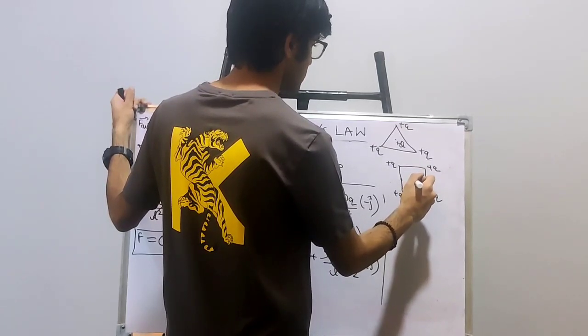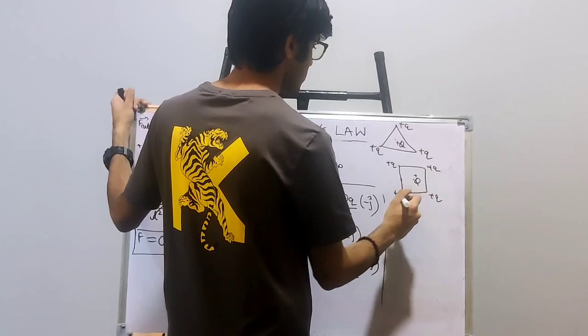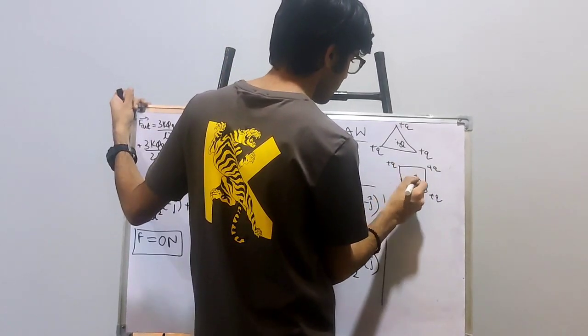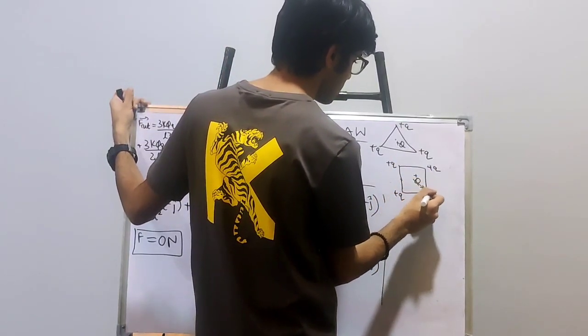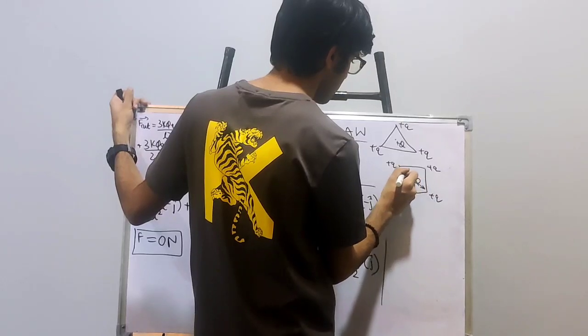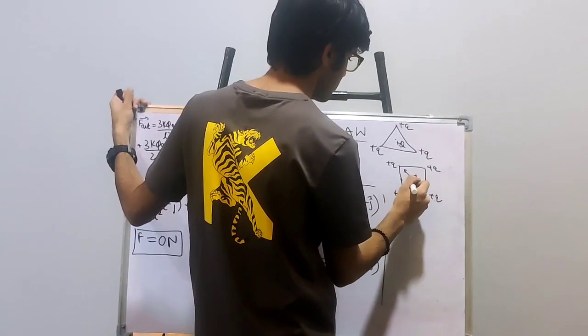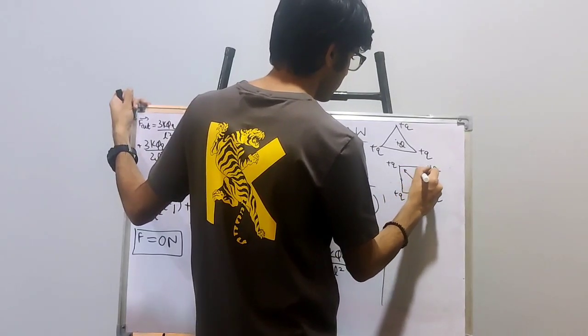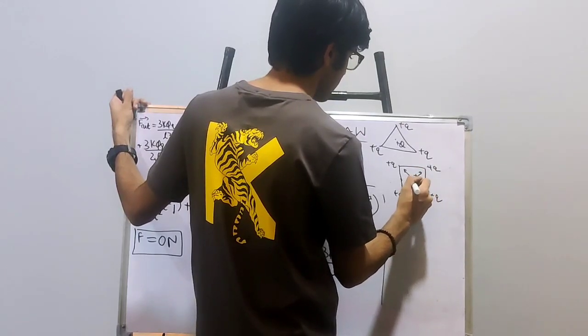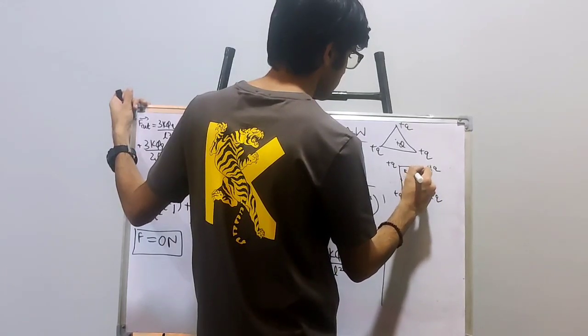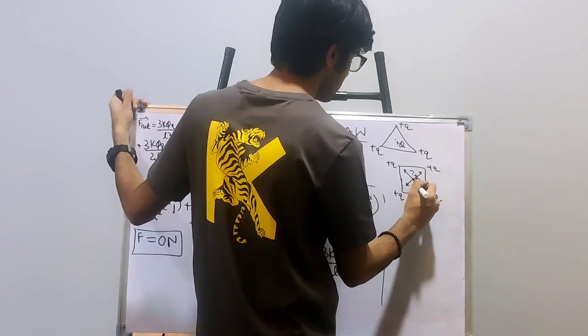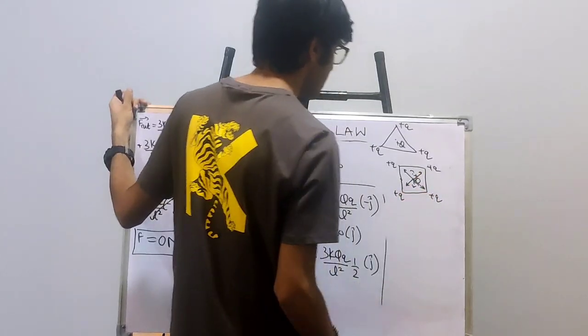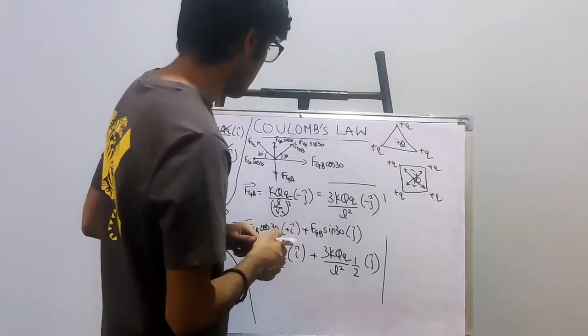Why? Because each charge would repel the capital Q charge in its own direction. The vector sum of these two we will get as this, and the vector sum of these two we would get as this, and all will just nullify each other and we will get 0 newtons.